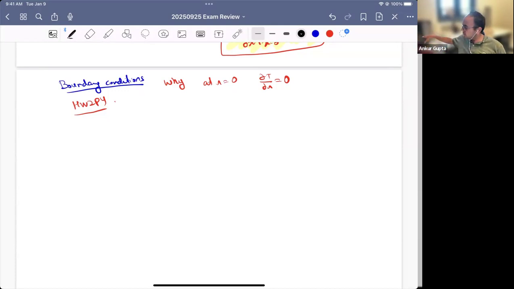I think even the book has the general solution if you're trying the FFT approach for the cylindrical coordinates, with r and z. Let me see if you want to take a look at the book's solution.